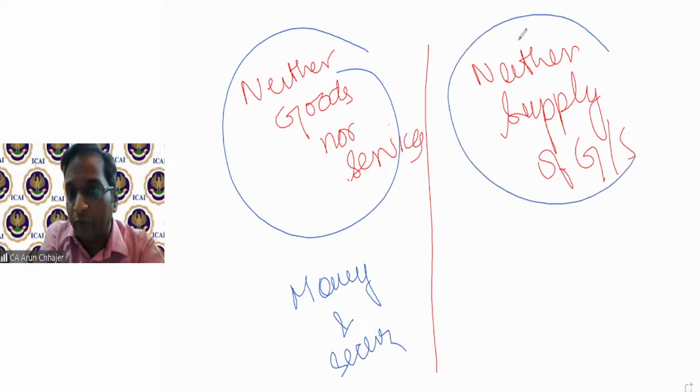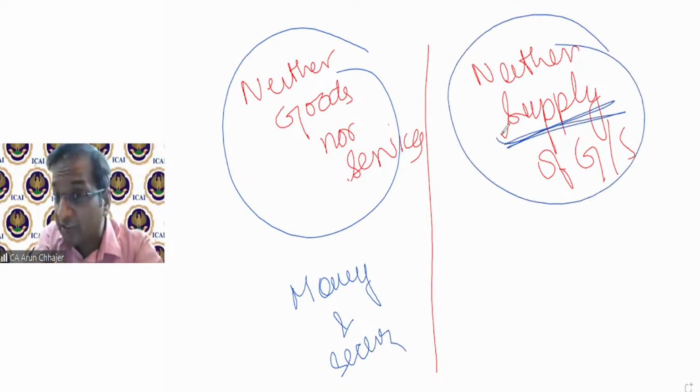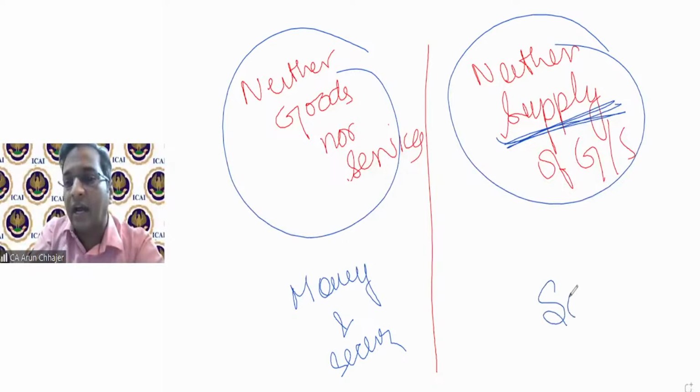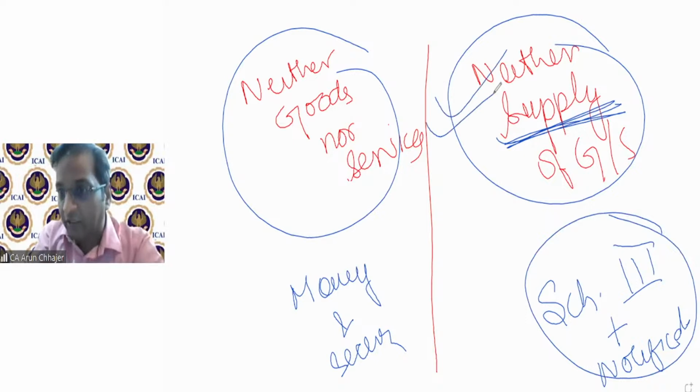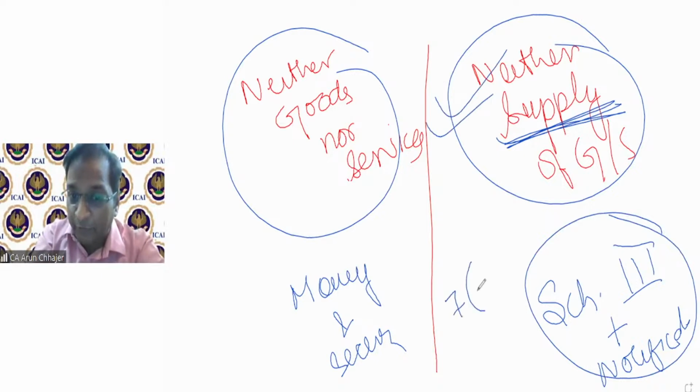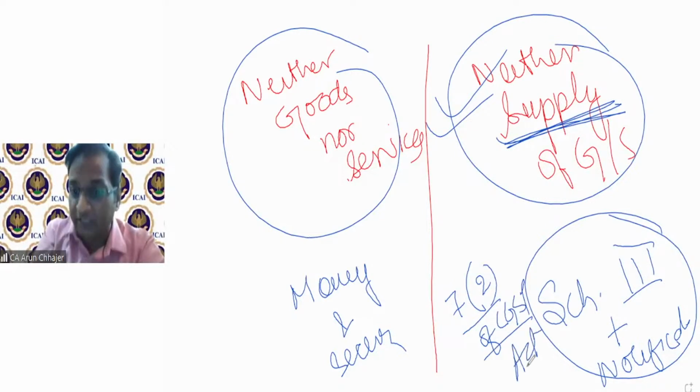But if I am using the words neither supply of goods nor supply of services, the answer would be Schedule 3 plus notification. Two notifications are issued in this particular list, and the respective provision is section 7 subsection 2 of the CGST Act. Please note this down.